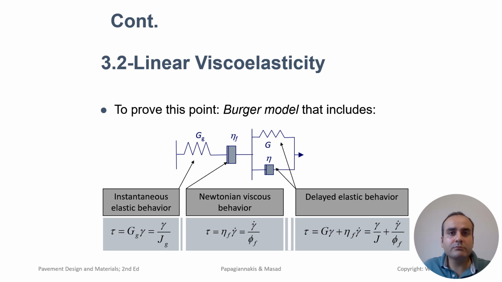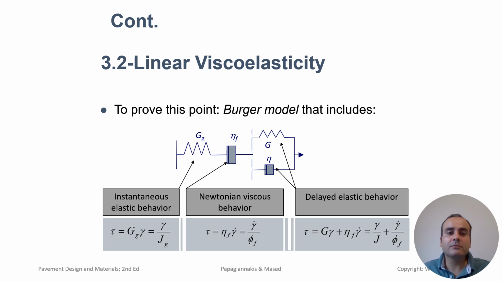The Burger's model is a mechanical model used to describe the viscoelastic behavior of materials such as asphalt under stress. It combines both elastic and viscous elements to represent how the material behaves when subjected to load, capturing both immediate elastic deformation and time-dependent viscous flow.